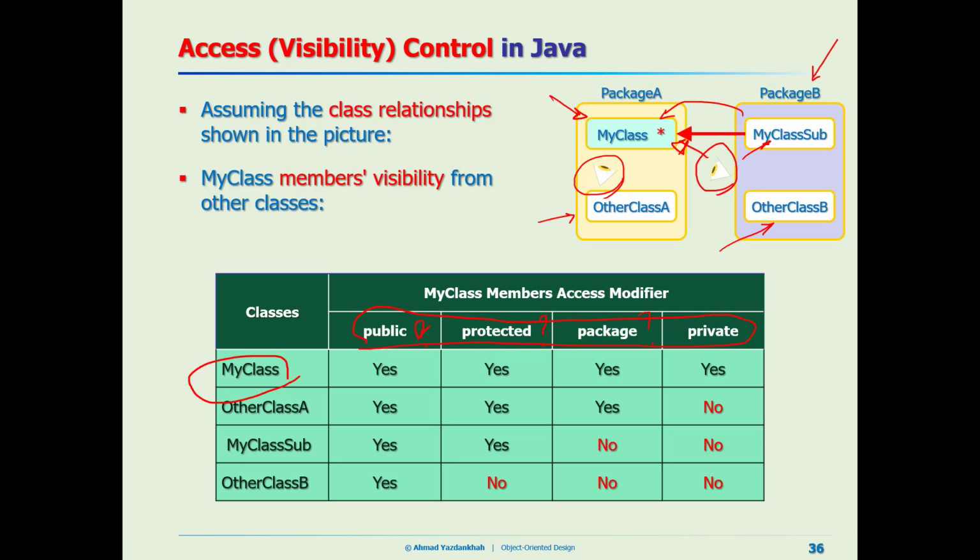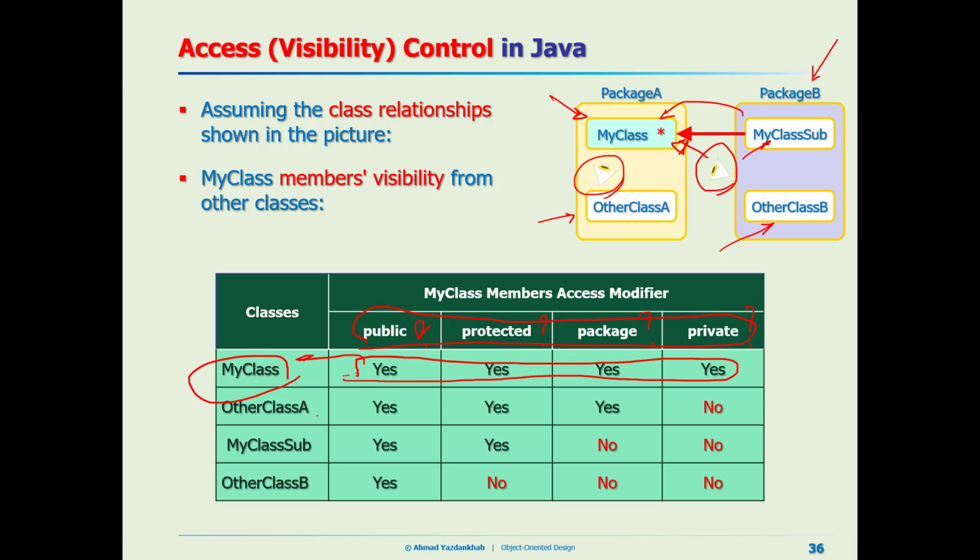Package or default and private, right? Obviously, all of the members of MyClass can see whatever is inside MyClass, regardless of the access modifier. So these are the members of MyClass itself, right? They can see everything, right?